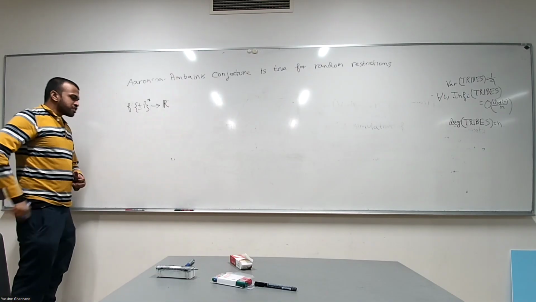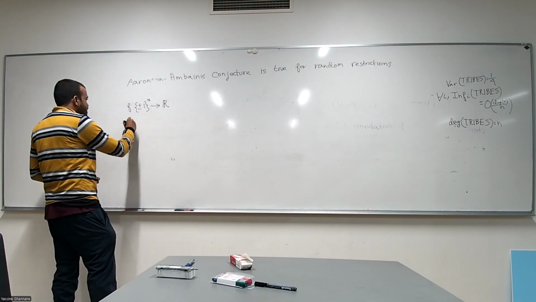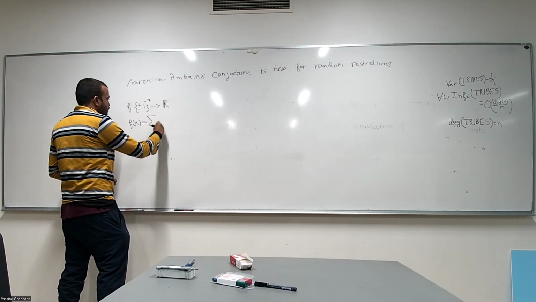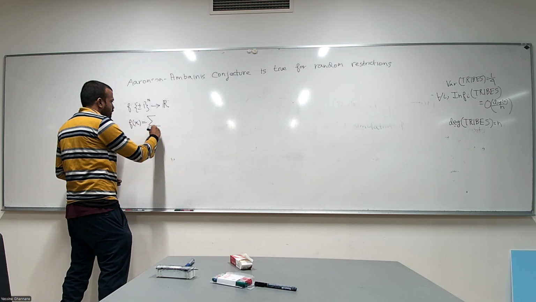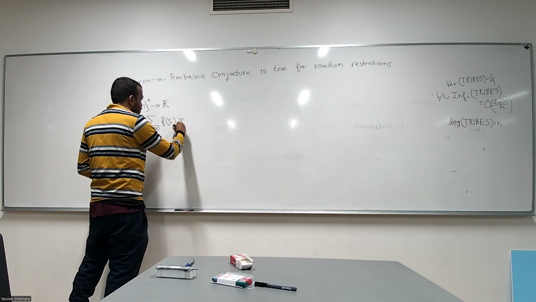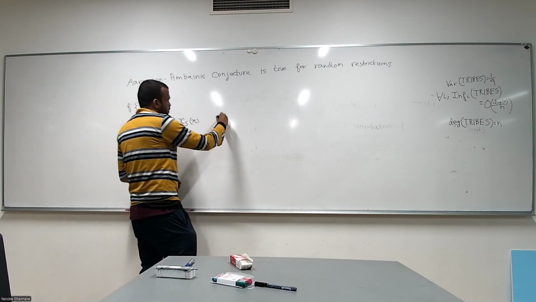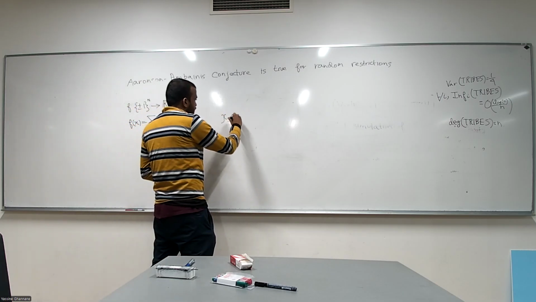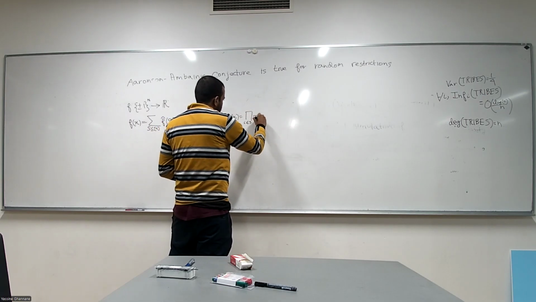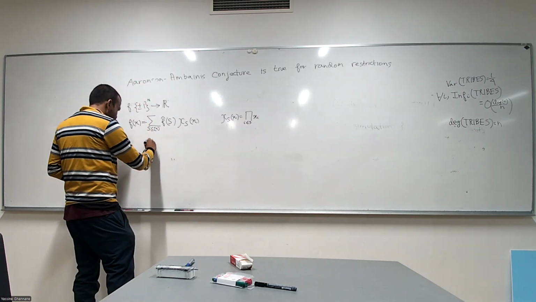And this has a Fourier representation. It can be uniquely represented as a linear combination of the Fourier characters, where chi_S(x) is the parity, the product of the coordinates in S. And you can recover f hat(S) from f(x) by the Fourier inversion formula.